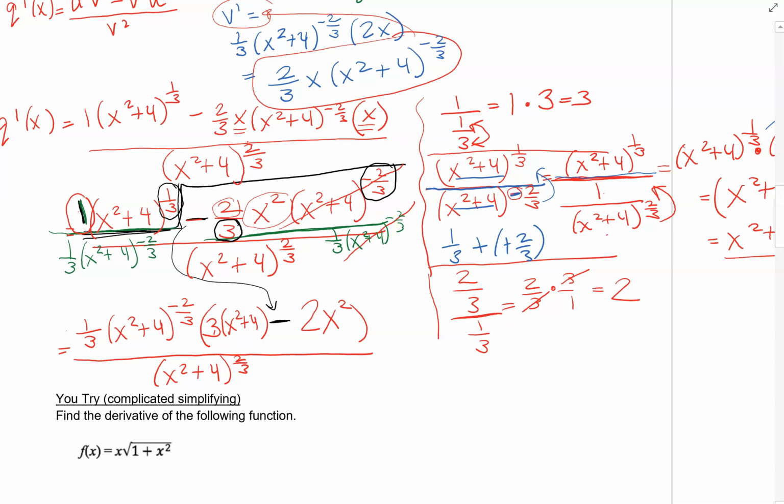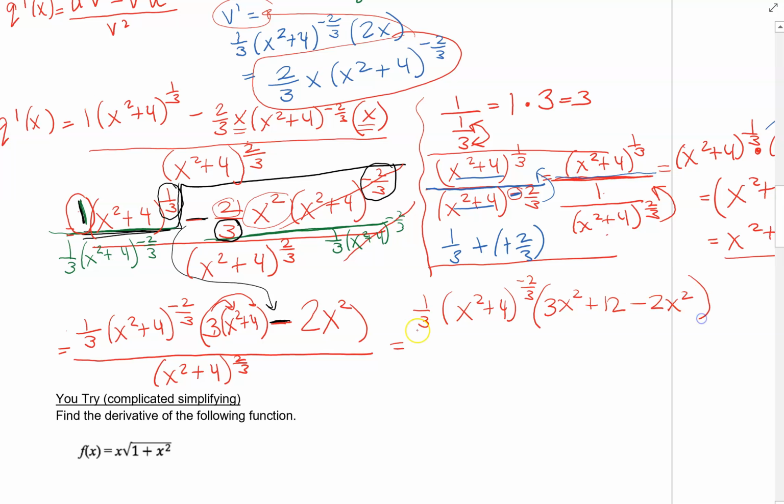Okay, so now, let me make myself some room here. 1/3 times x squared plus 4 to the negative 2/3 times 3, and I'm going to distribute that 3 to the x squared plus 4. So 3x squared plus 12, and then I have the minus 2x squared from the other term.